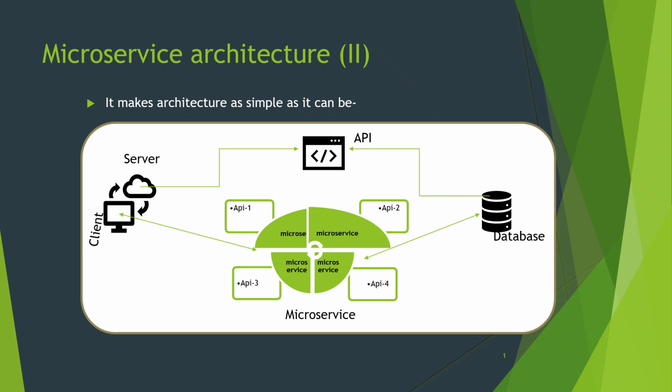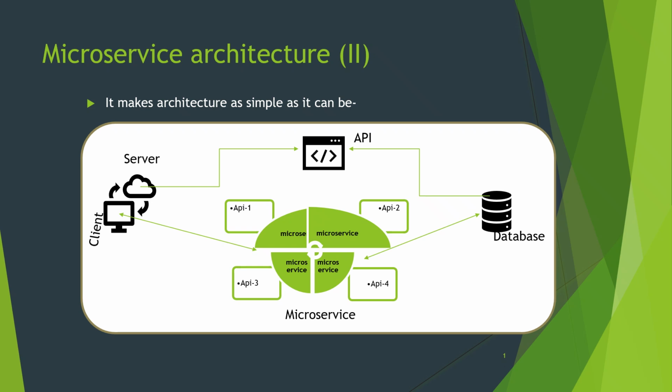Here you will see the client, which is very basic. The client sends the request, which directly hits the UI part, and then the server through the API, or through the user interface or GUI.